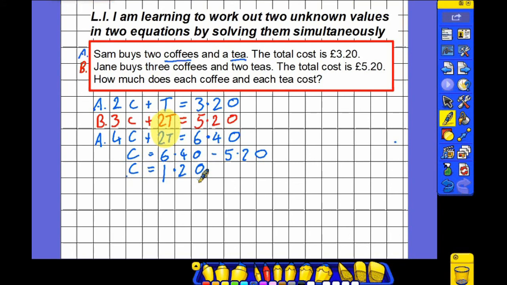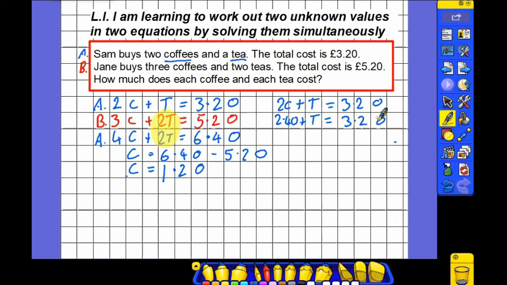Now, we've solved for one value. What we need to do now is use that value to solve for our other unknown value, which will be t. So let's plug our coffee value in. So we've got 2 coffees plus a tea equals £3.20. Well, 2 coffees, that's 2 times £1.20. That's going to be £2.40 plus our tea equals £3.20.